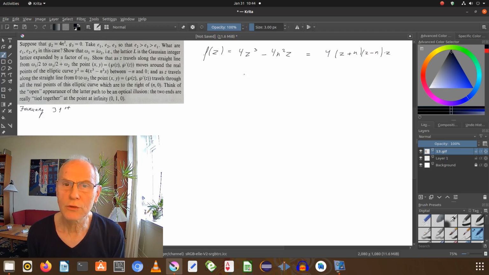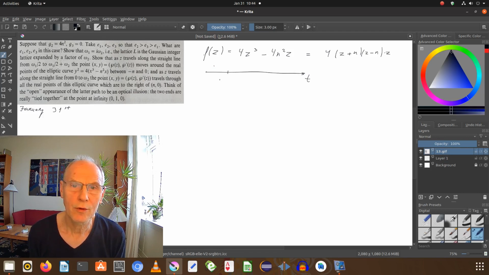So the roots are, we'll just write them here. E1 is minus 1, E2 is 0, and E3 is 1.